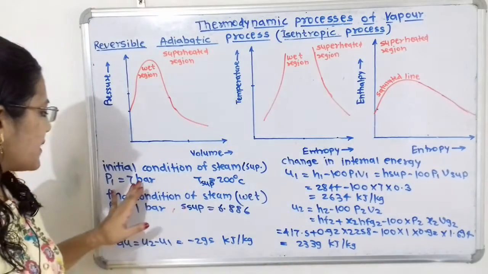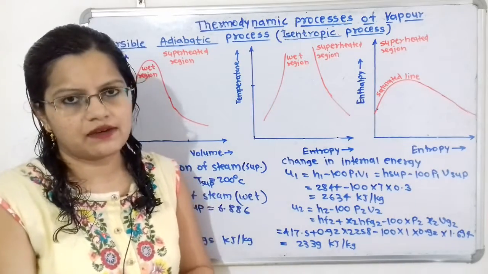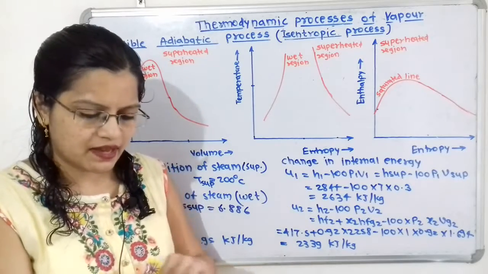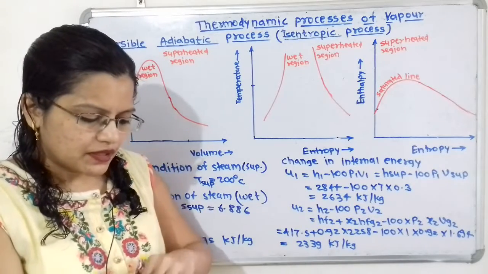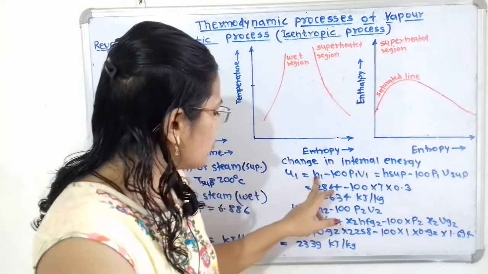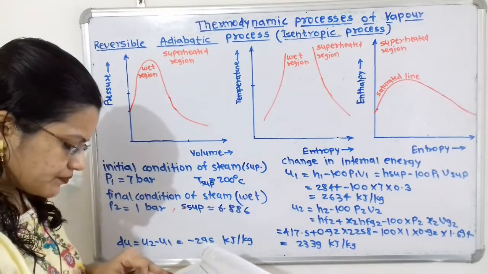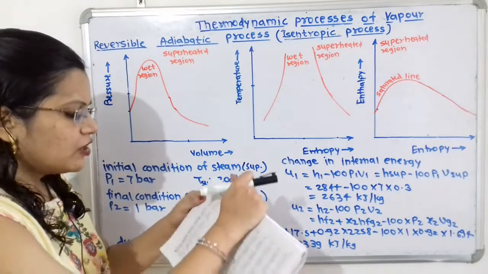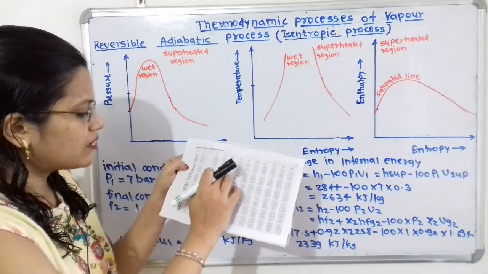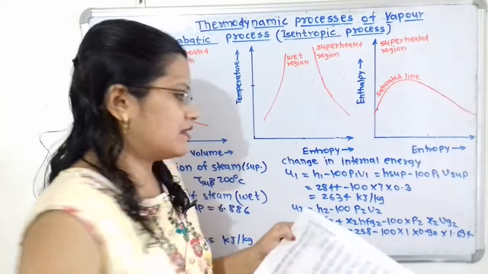At a pressure of 7 bar and temperature of 200 degrees Celsius, what is the enthalpy? For that we will refer to the superheated steam table for the enthalpy. We also have to take the superheated steam table for the volume. For enthalpy, at 7 bar pressure on the vertical line and 200 degrees Celsius on the horizontal line, 2844 is the enthalpy.